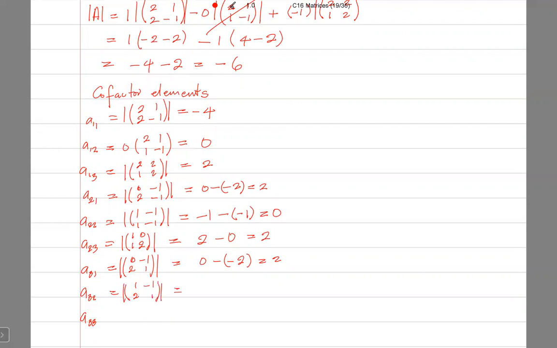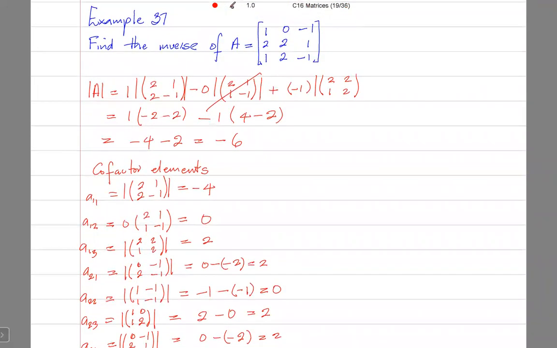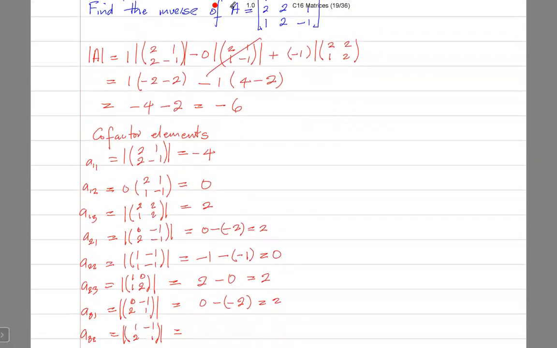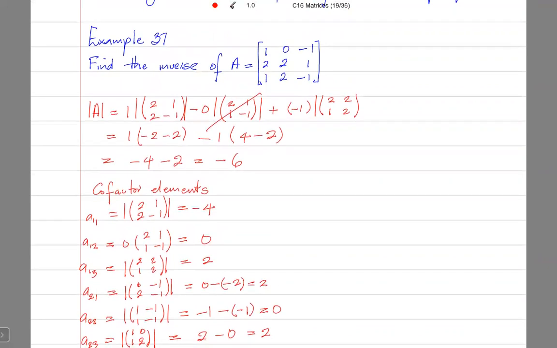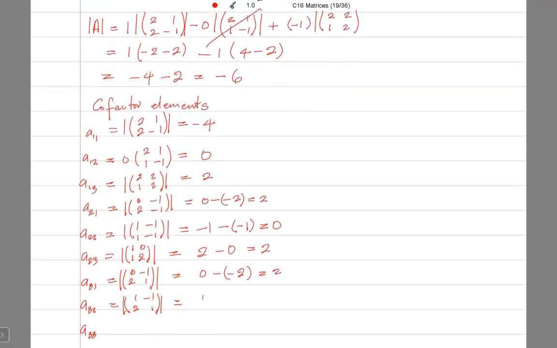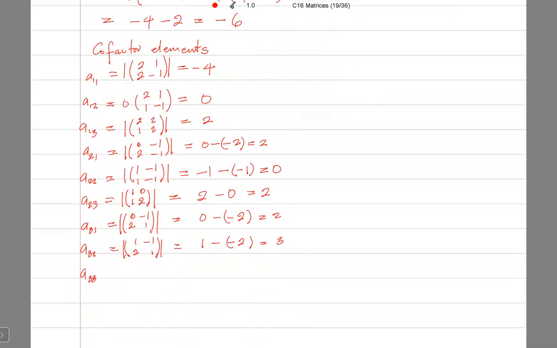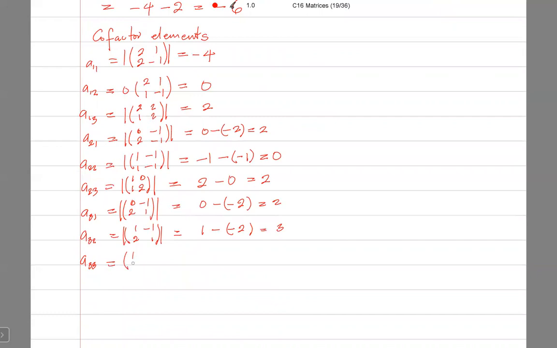So let's double check. So this is 1 minus minus 2, 3. Lastly, 1, 2, 0, 2. This is 2 minus 0, and we get 2.